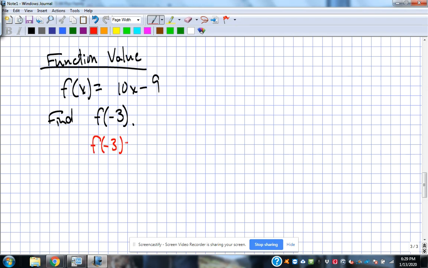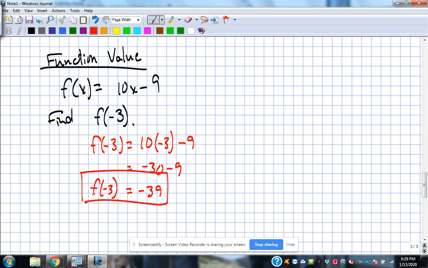F of -3 means 10 times -3 minus 9. And then work that out. So that's -30 minus 9, which is -39. So there we have. That's what function value tells you to do. The difference when we have piecewise defined functions is we have to check which piece do we even use.